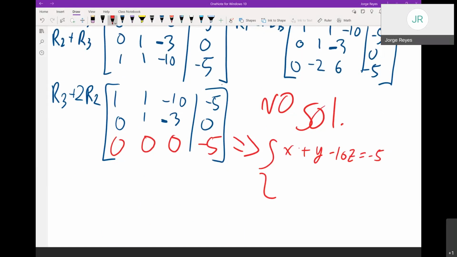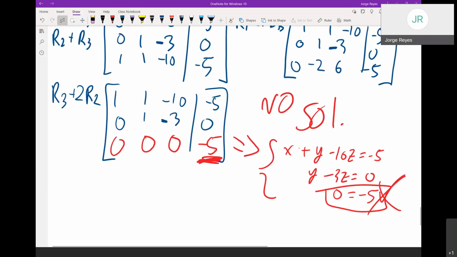So I shouldn't even be writing this, but that's okay. So 0x plus 0y plus 0z, so 0 equals negative 5. So we see that if we zero out everything and this number here is not also 0, then we're going to get no solution.